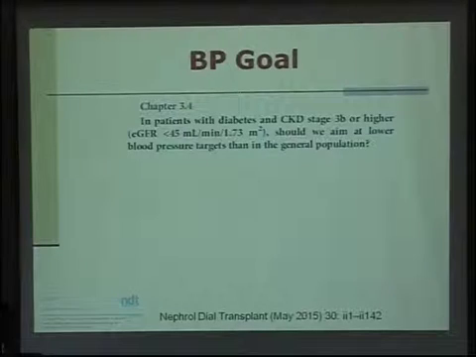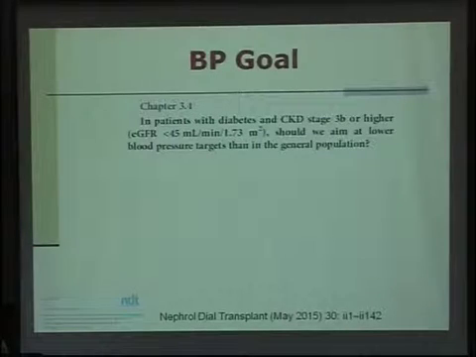This is one of the new recommendations from the European best practice guidelines that were published in a separate issue in May this year regarding diabetic kidney disease, for patients who are diabetic and the estimated GFR is less than 45. This means chronic kidney disease stage 3B or higher: 3B, 4, or 5.